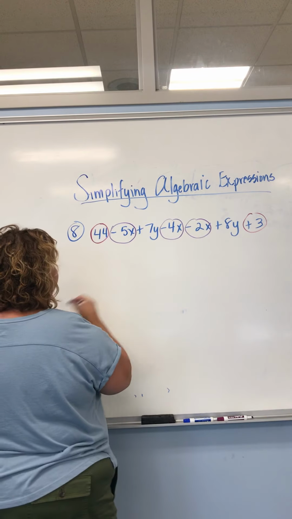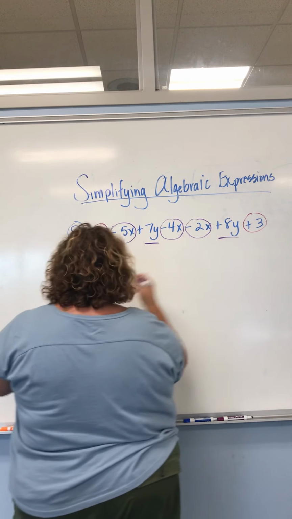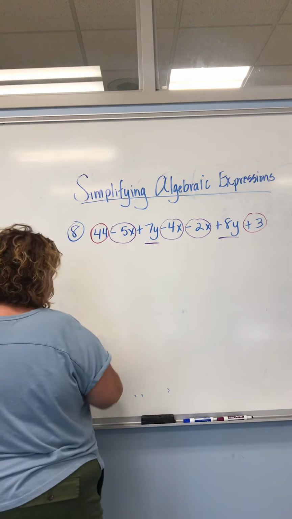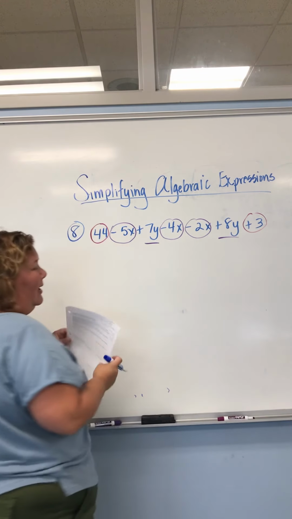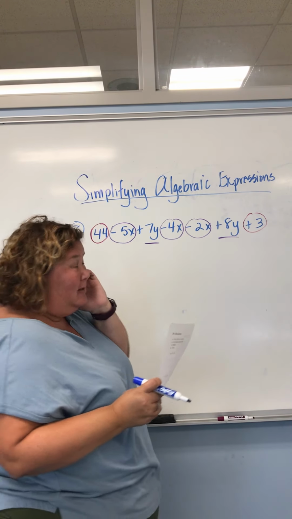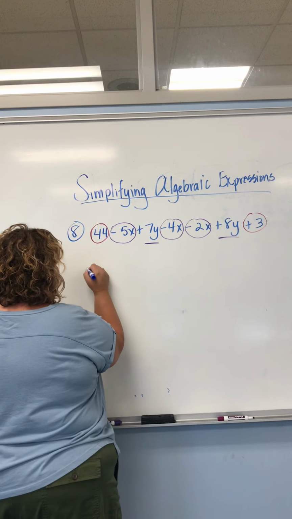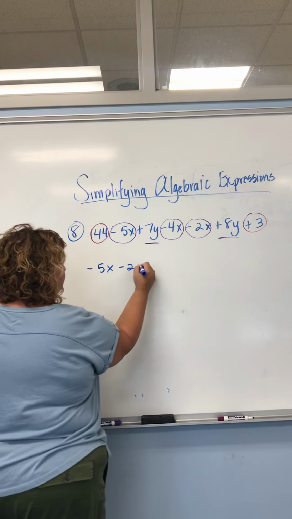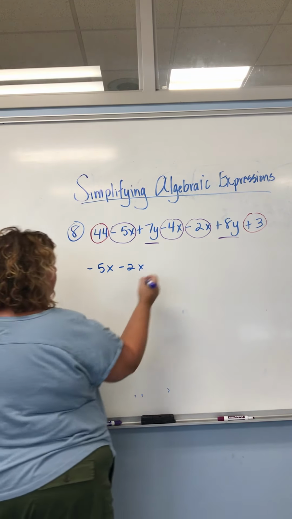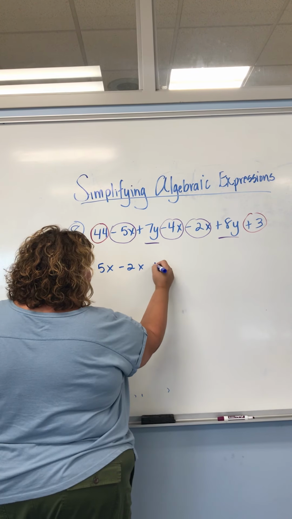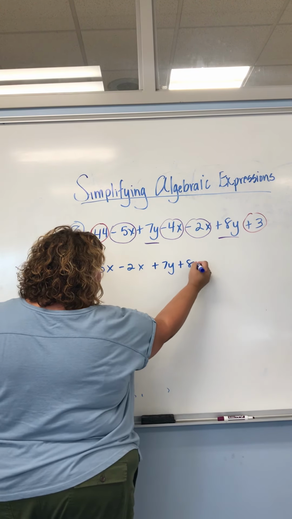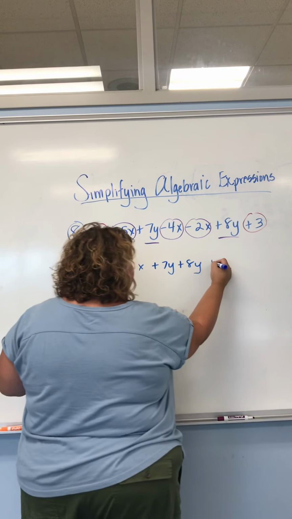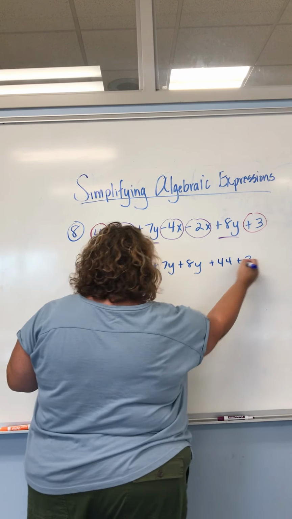And I have some y's. So I know that at the end I have to do it by variables, so I'm going to do my x's first. So I have negative 5x minus 2x. Then I'm going to move the y's together, 7y plus 8y. And then I'm going to do my constants, 44 plus 3.